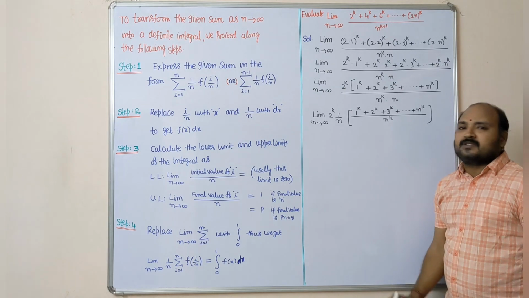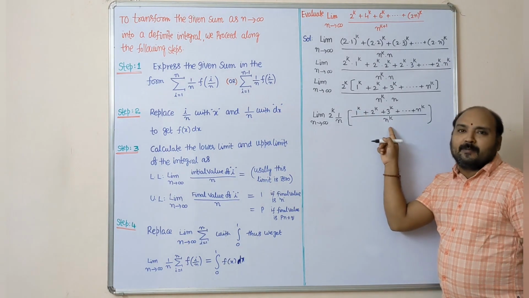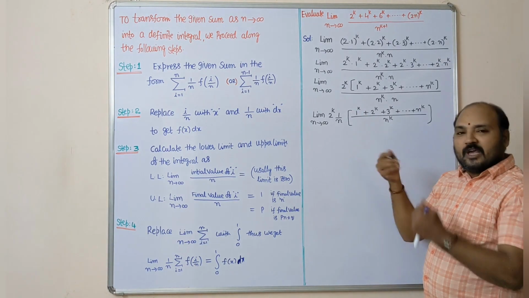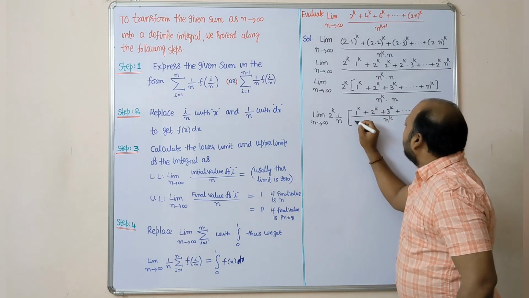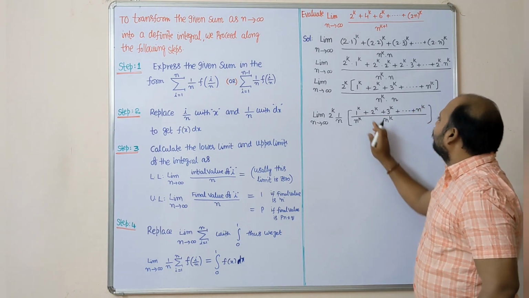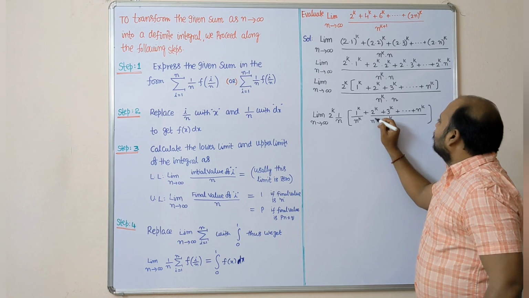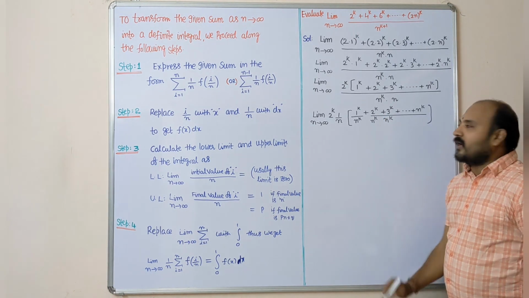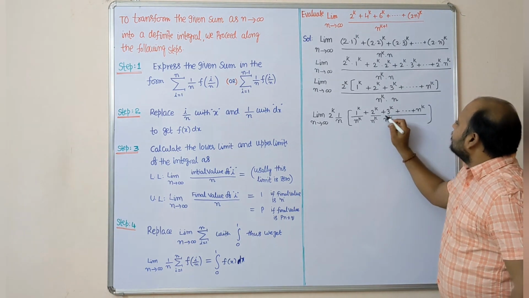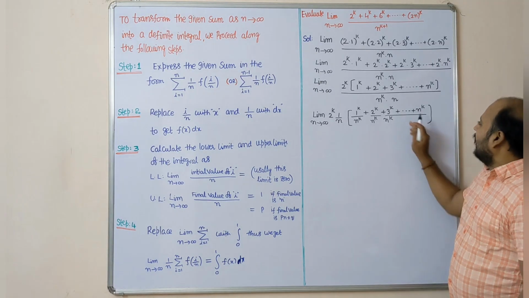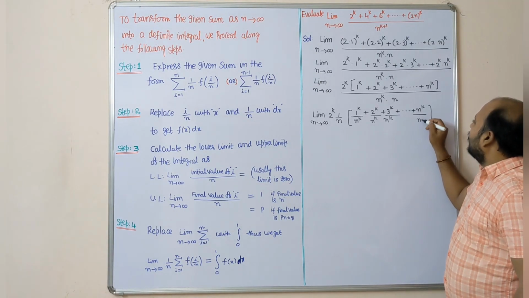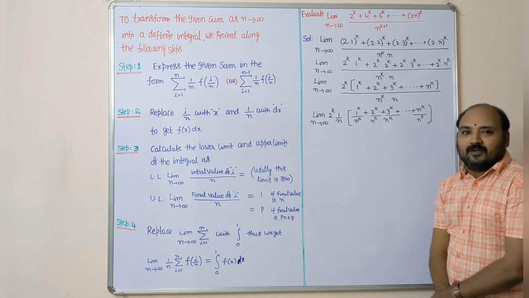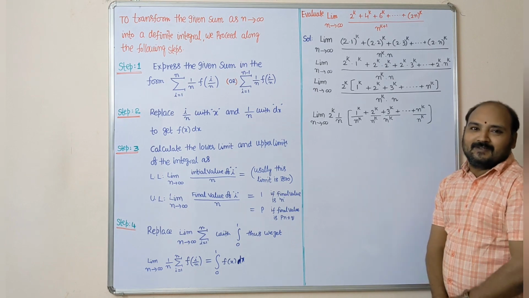What is the meaning of this? Each and every term is divided by n^k only, no? So can we write like this? 1^k by n^k plus 2^k by n^k plus 3^k by n^k plus and so on n^k by n^k. You can write it.